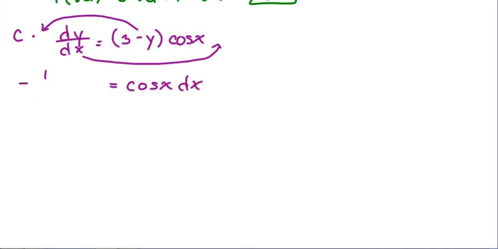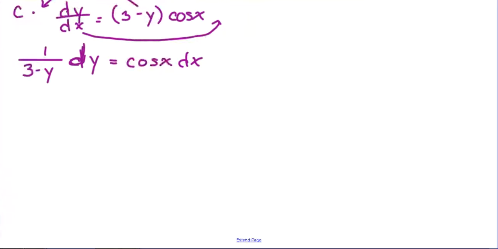So the only way to move it over there is to move it by division. Separation of variables is never going to be, I repeat, never going to be by addition or subtraction. The only way to move things when it comes to differential equations is to either multiply by them or divide by them.